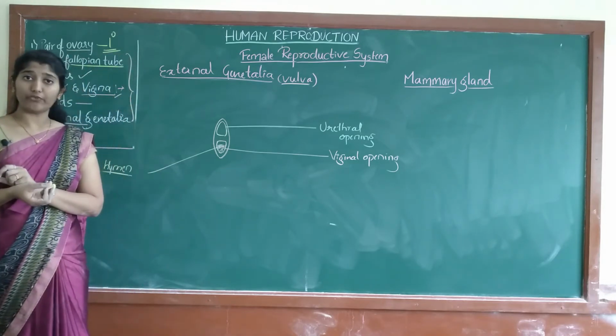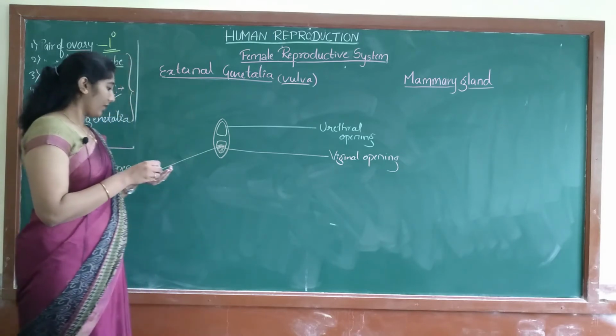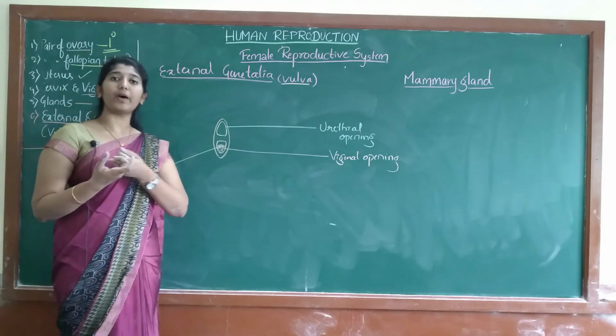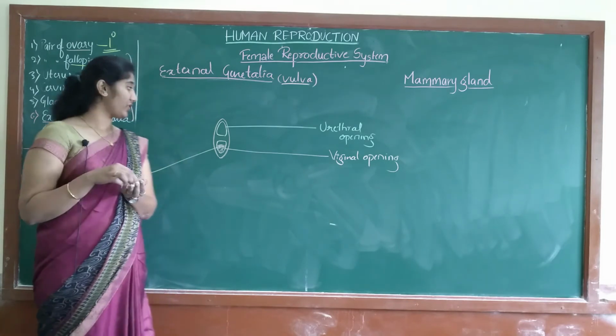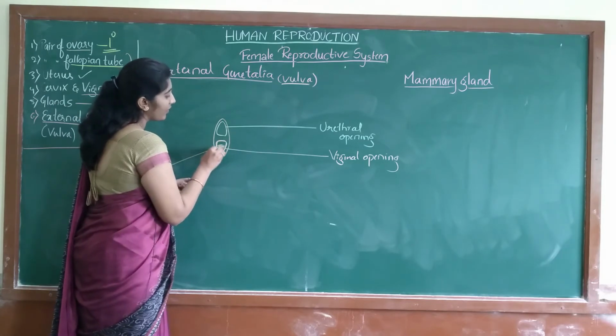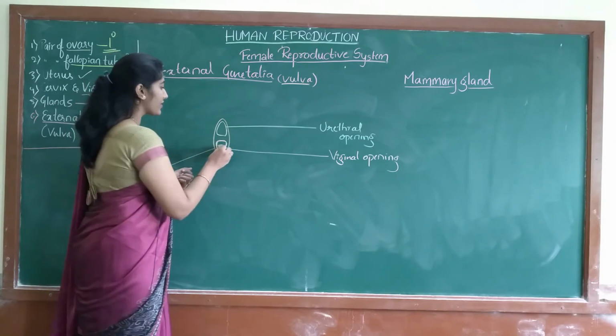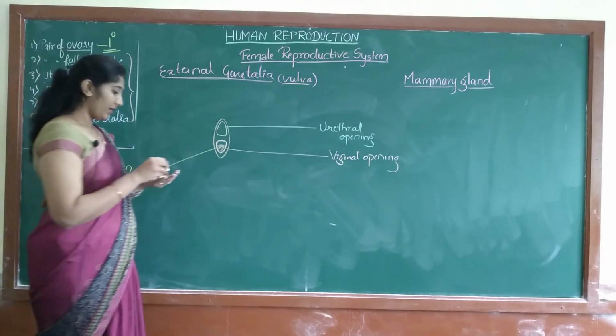But in some women, even after intercourse, it persists. And in some cases, it is torn by heavy activity like horse riding and some other sports activity. Okay, this is the vaginal opening, which is covered partially with the thin membrane called the hymen.